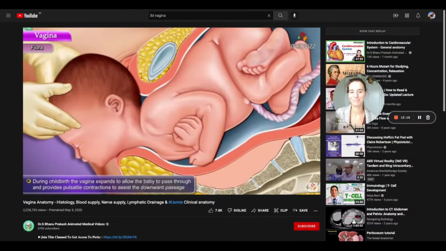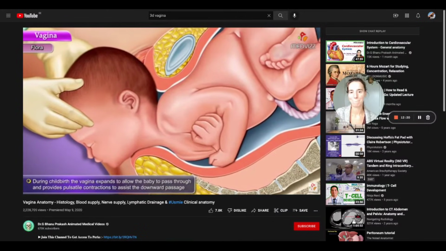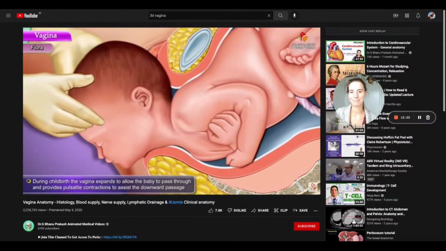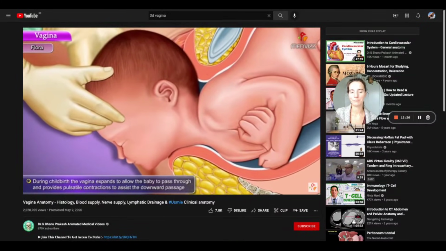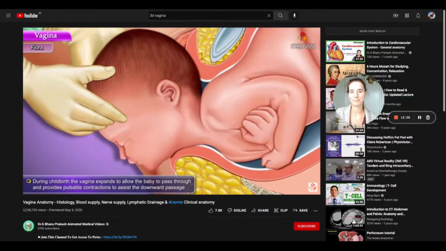During childbirth, the vagina expands to allow the baby to pass through and provides pulsatile contractions to assist the downward passage.